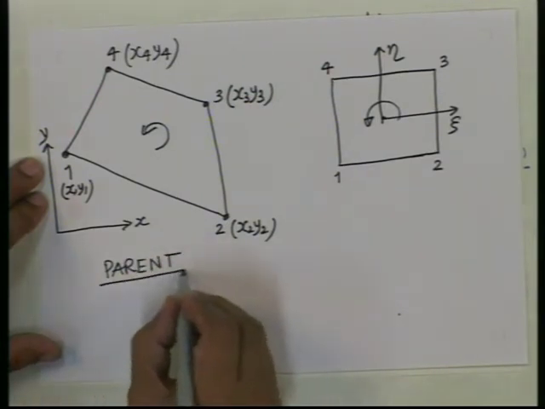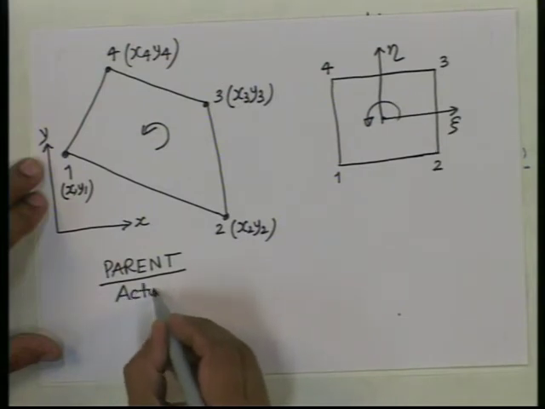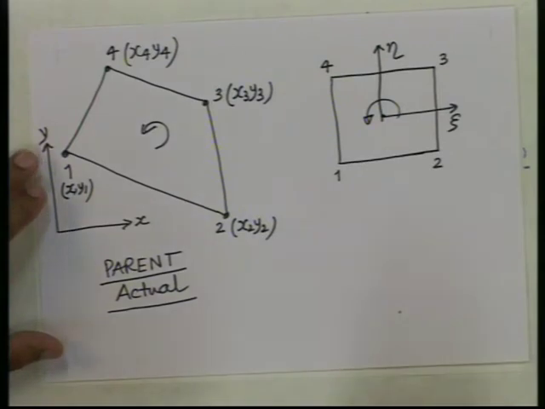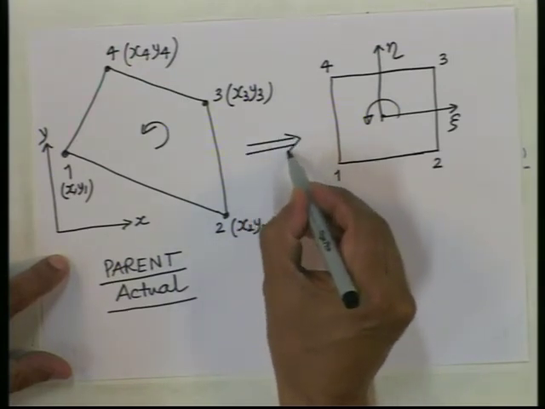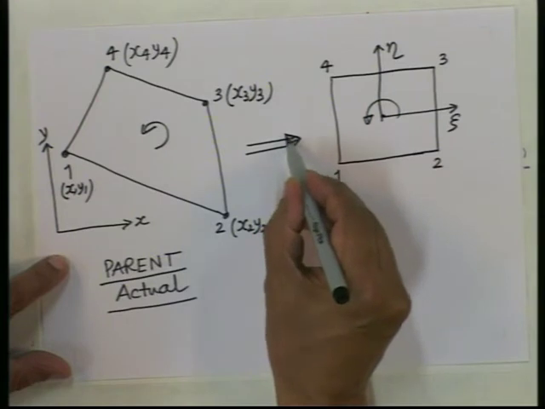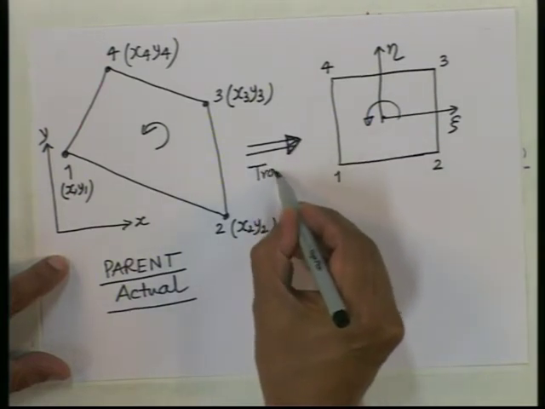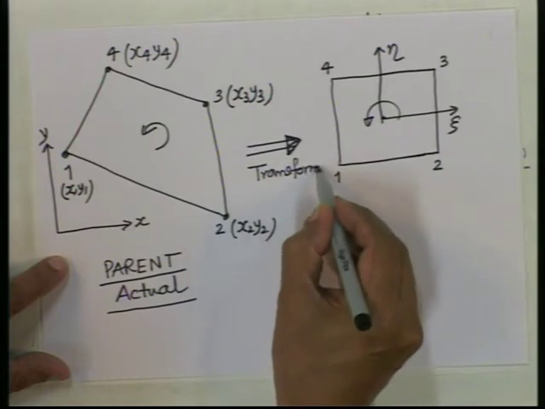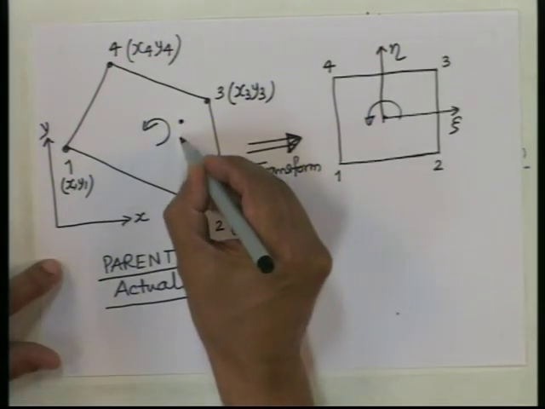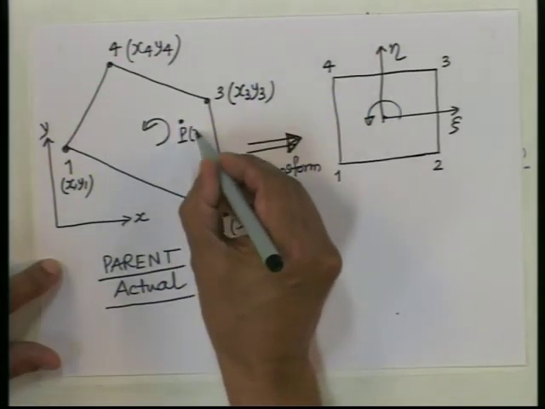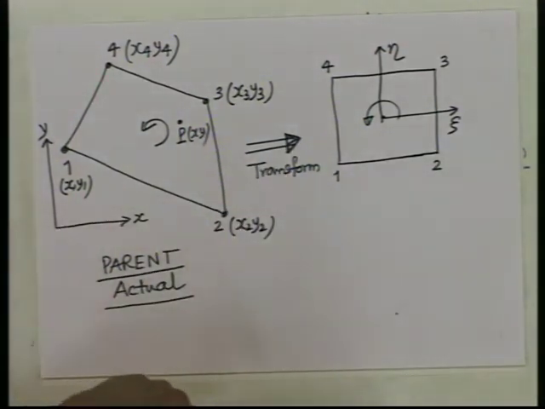So, if this is the parent element in the real structure, if by some means we can transform this element into a 2 unit by 2 unit element like this, transformation, then that means a point P here whose coordinate is x and y has to be mapped.